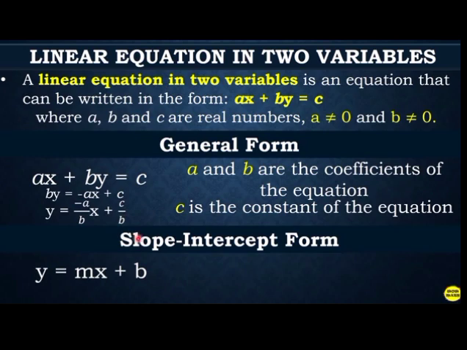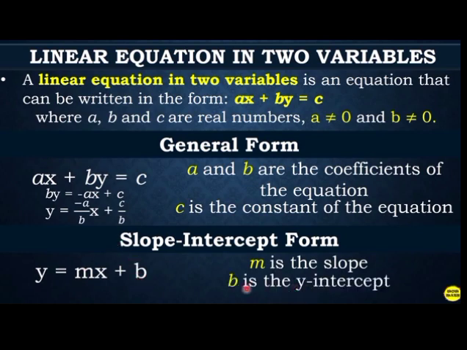Remember that a linear equation in two variables can also be written as y equals mx plus b. Now, what is m? Your m here is what we call the slope and your b here is what we call the y-intercept.